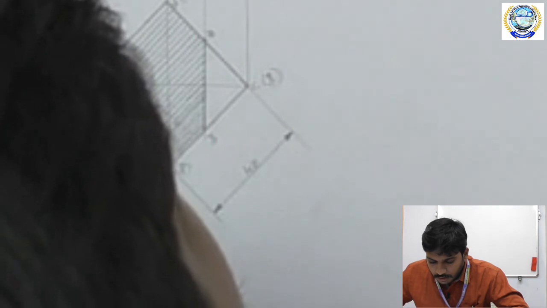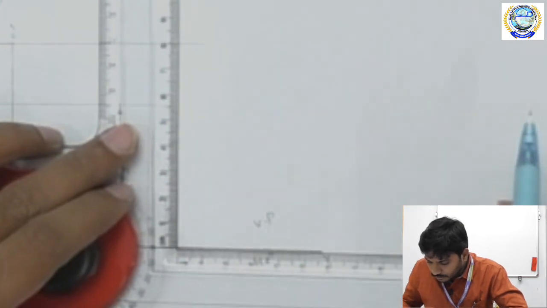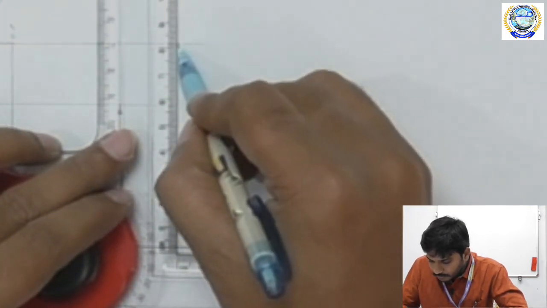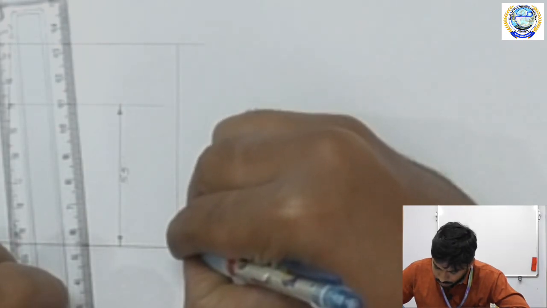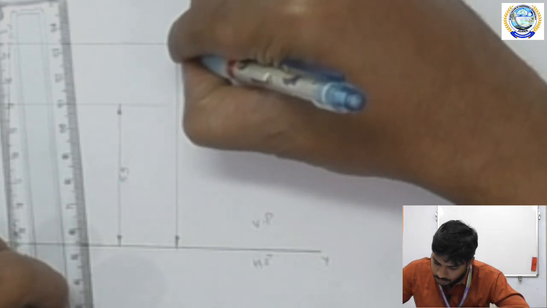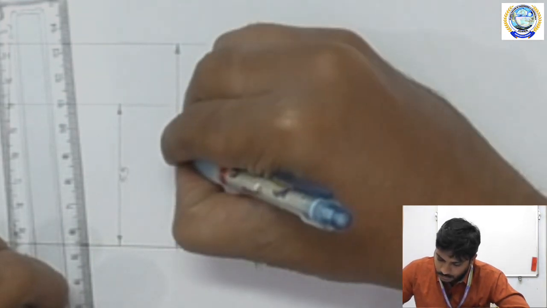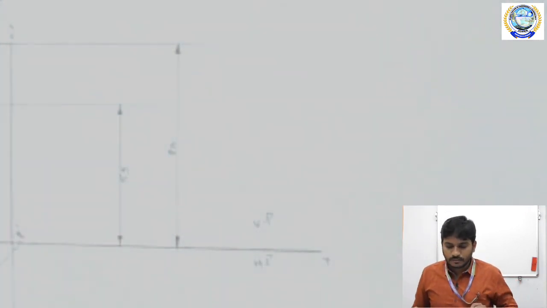Total height of the prism, 80 mm. Okay, that is the first question.